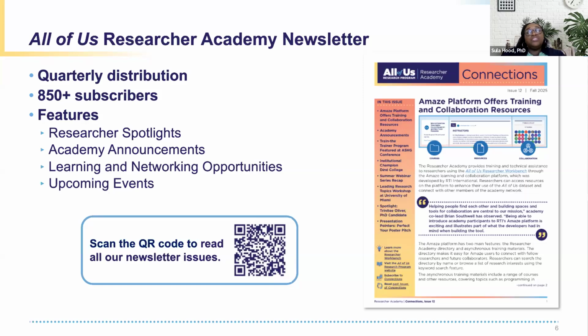We also include announcements about Academy events such as this webinar series or other types of activities that we host, as well as share information about upcoming events for our partners, including the larger All of Us research program. To get more information about our newsletter and to also sign up, please scan this QR code. And we are a growing network with over 850 subscribers. So we do encourage anyone who's not signed up to please go and sign up and subscribe.